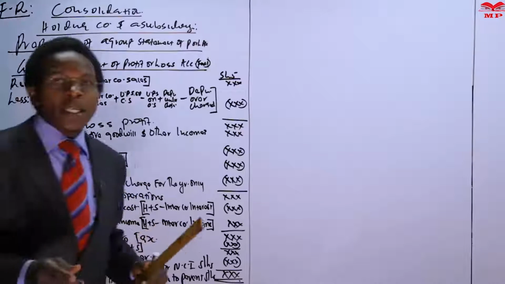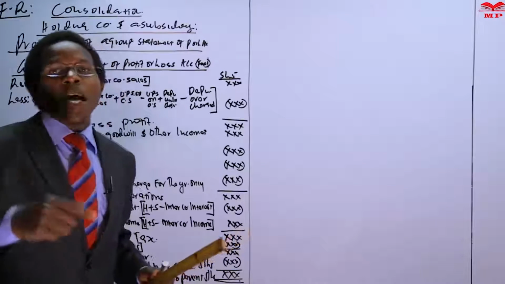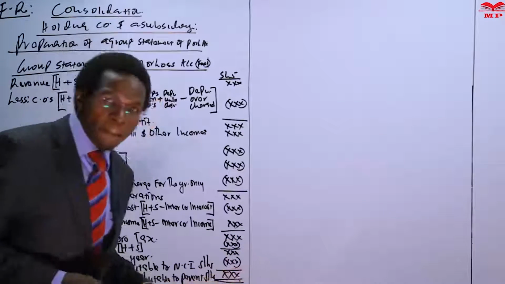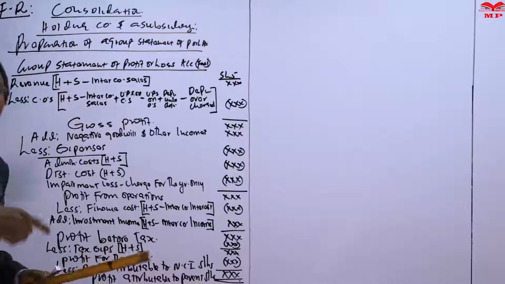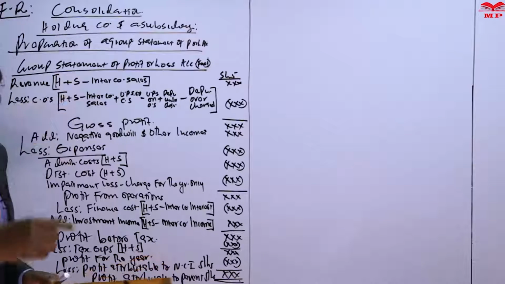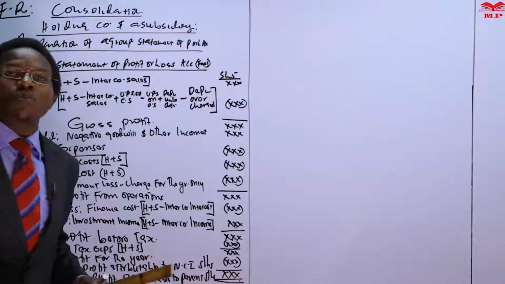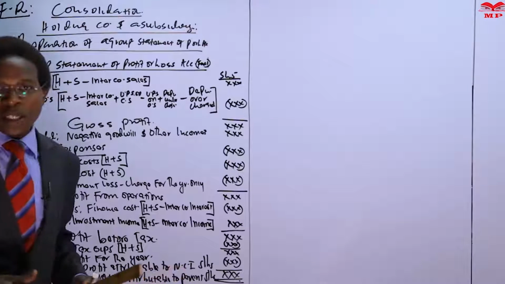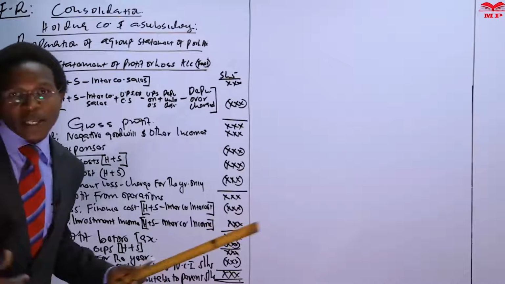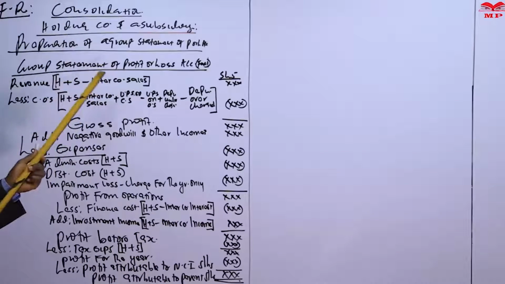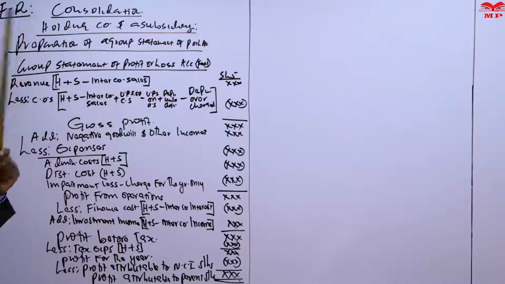It should be remembered that if a group member has sold goods to another group member, that is not considered to be a sale. It's considered to be a transfer of goods. So there is no sale that has taken place, and that's why we should eliminate it from our sales.